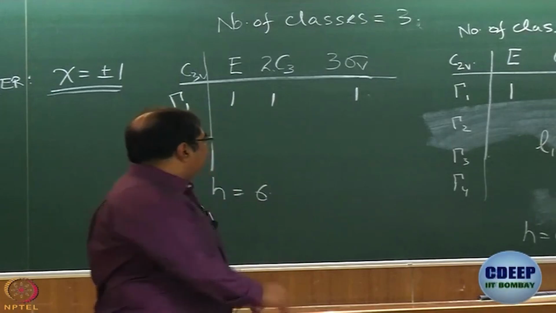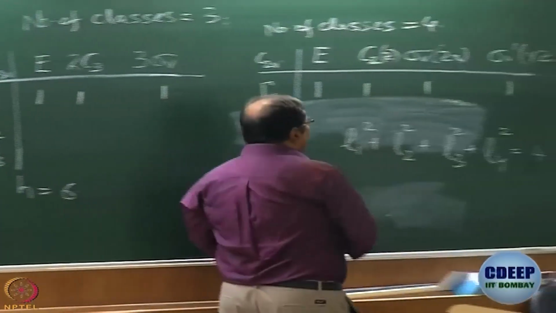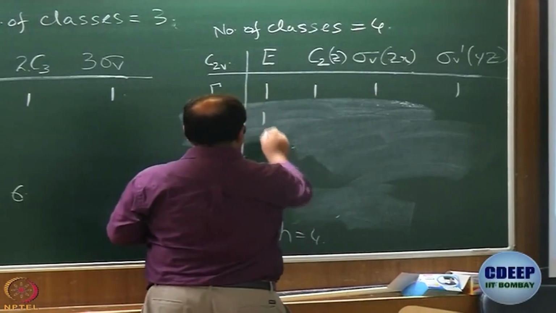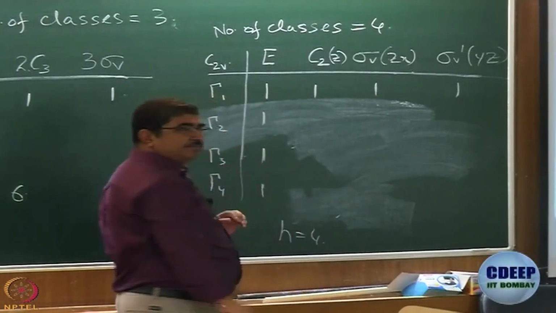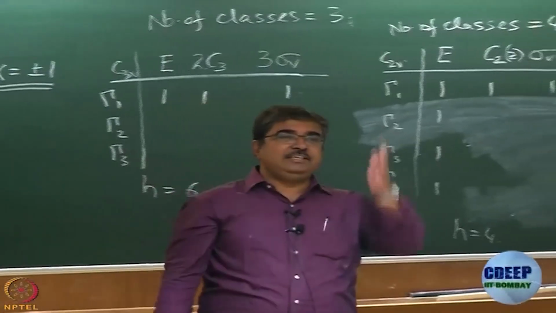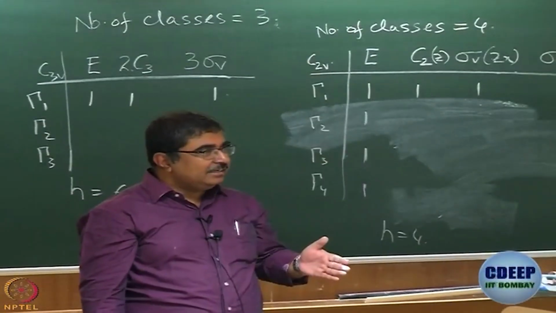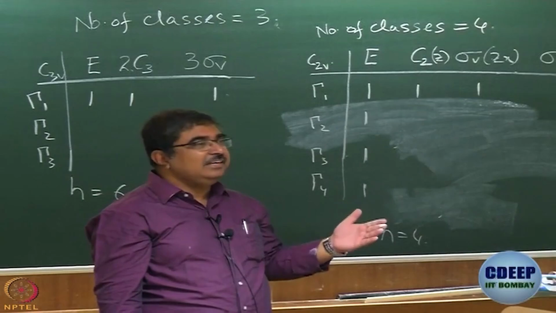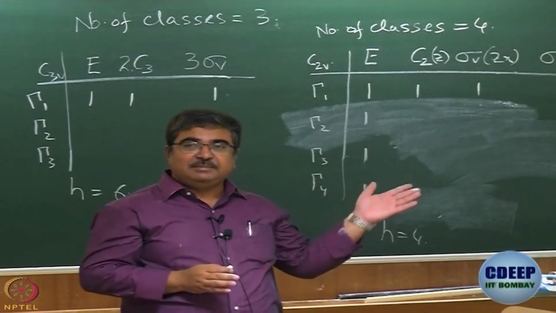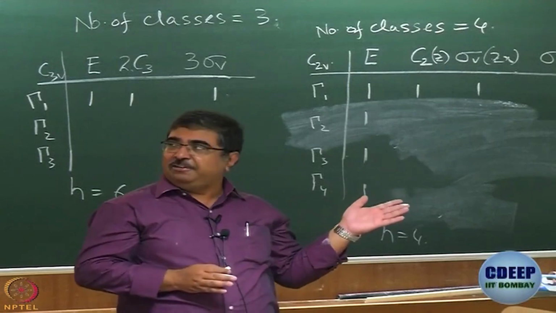Okay. Now, if dimensionalities are all 1, then I hope you will allow me to write 1, 1 and 1 here. Why? Because the character of the identity operation is always equal to the dimensionality of the representation. That is something we have discussed earlier. Are we okay with this?